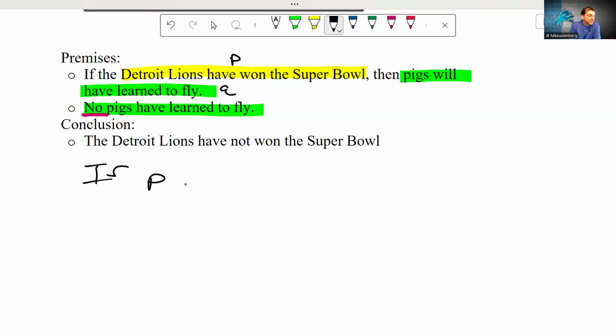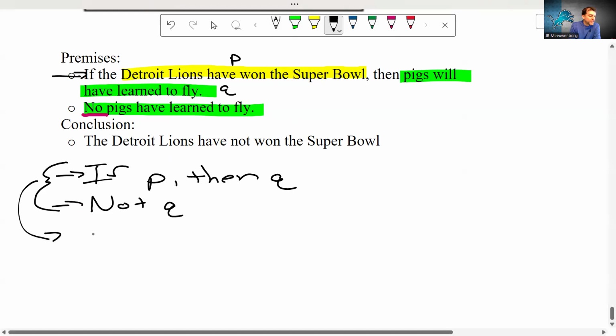If P, then Q. That's our first premise. The second premise is not Q. And the conclusion is, after reading those, the conclusion is not P. The Detroit Lions have not won the Super Bowl.